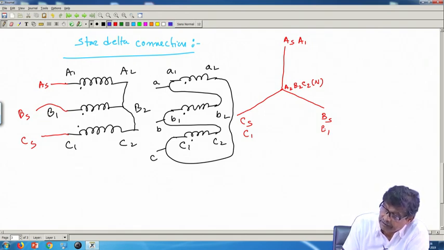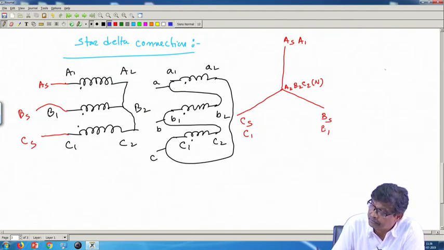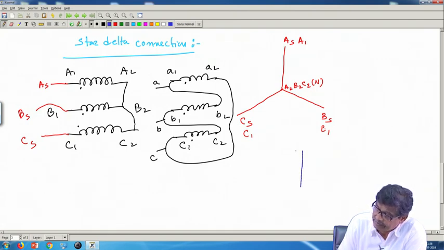Now, you see there is the voltage A1 A2 which will be parallel to A1 A2. So, I draw it here, space is there. This is suppose A1 A2, it must be like that.